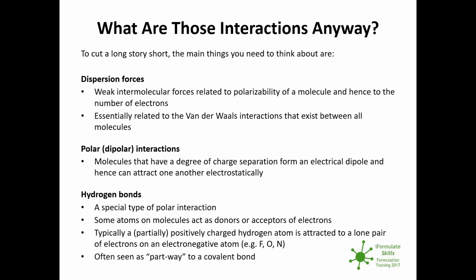Some atoms on molecules can act as donors or acceptors of electrons, and typically what you have here is a partially positively charged hydrogen atom attracted to a lone pair of electrons on an electronegative atom on another molecule. Often that's seen as almost being part way to a covalent bond.